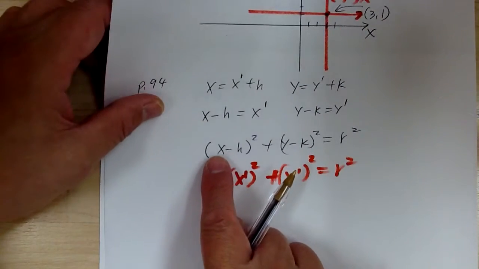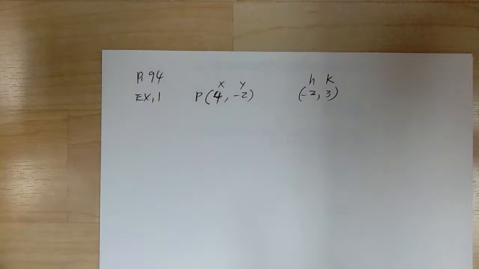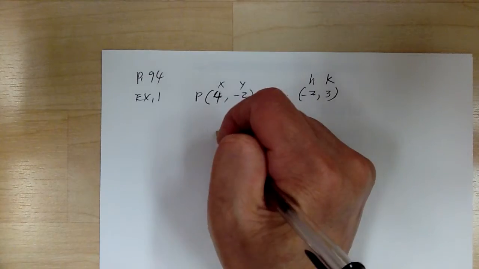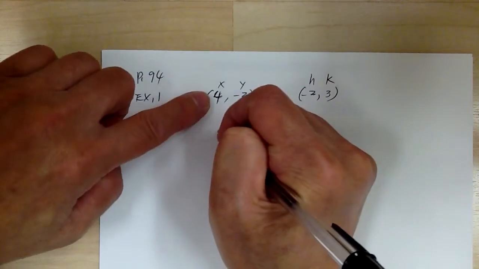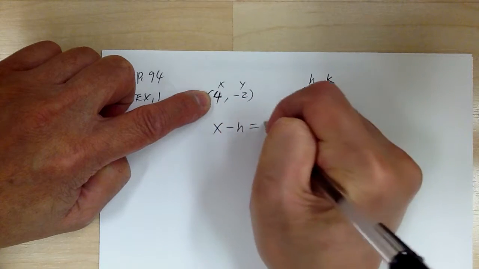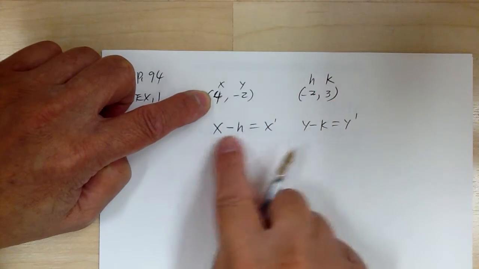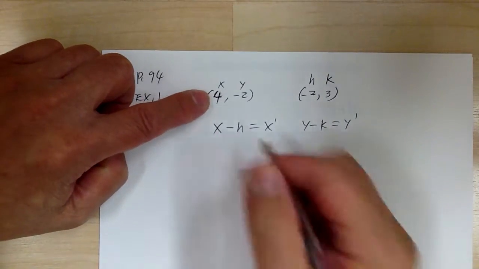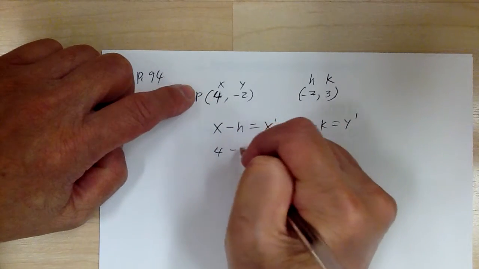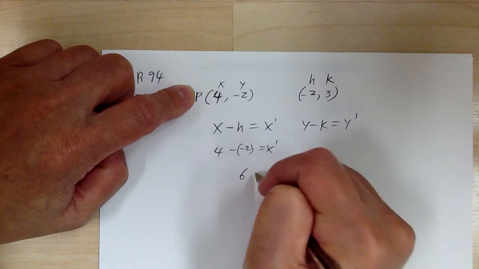Based on what we have up here, x minus h is x prime, y minus k is y prime, right? So you can write down the formula first: x minus h equal to x prime, y minus k equal to y prime. You're more familiar with this format. So you get 4 minus -2 equal to x prime, so 6 equal to x prime.